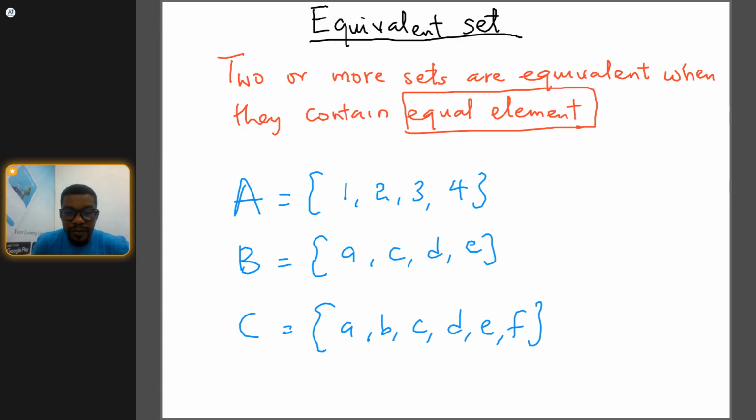So if I have this, how many elements do I have in set A? Can you tell me your response in the chat box? How many elements do we have in set A? 4. Thank you for your response, Emmanuel.